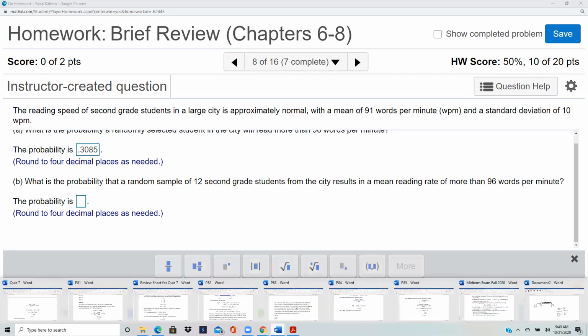Wouldn't it be to the standard deviation? Right. So you know that when you're talking about the sampling distribution, the mean is the same, but the standard deviation changes. So what is the new standard deviation now?